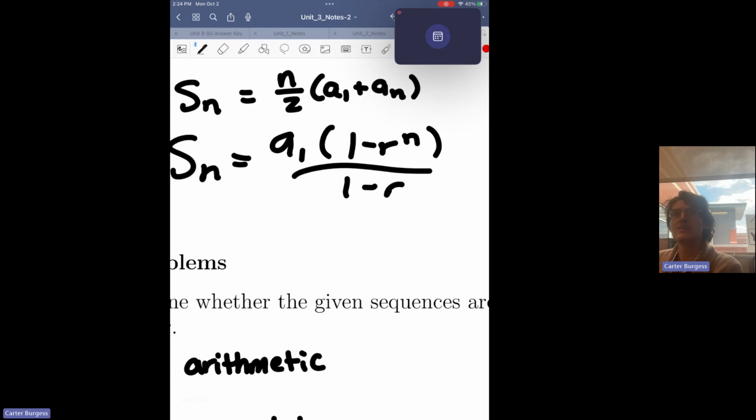The one above is the arithmetic, the one below is the geometric. R is the ratio, the thing that is our multiplication pattern, the thing that we multiply by in order to move from one step to the next.